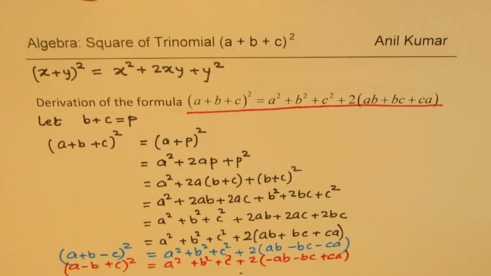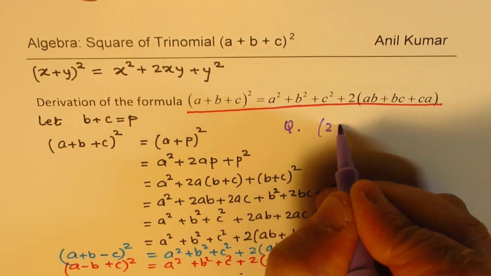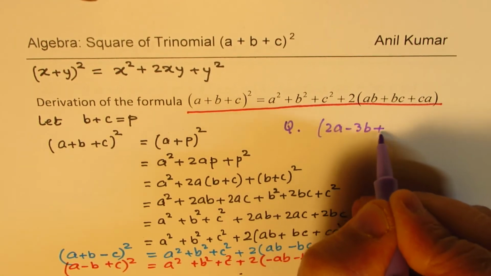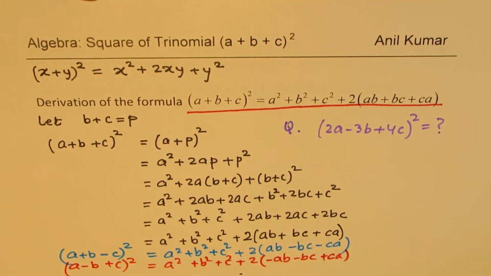I hope you understand now how to work with this formula. As an exercise, let me give you a question to practice: expand (2a - 3b + 4c) whole square. You could expand this and see what you get as a result using the formula.